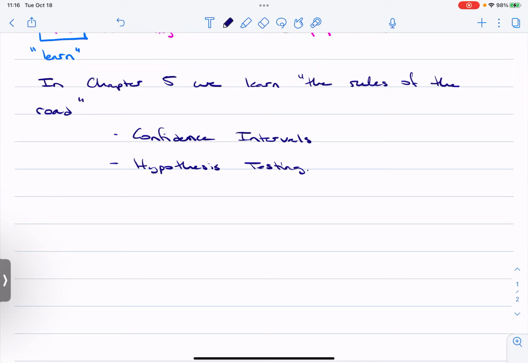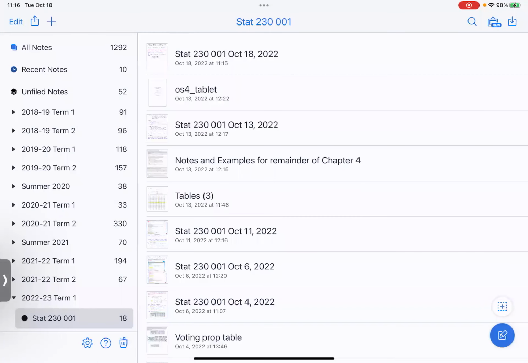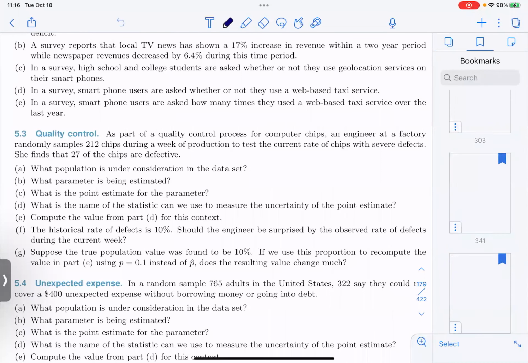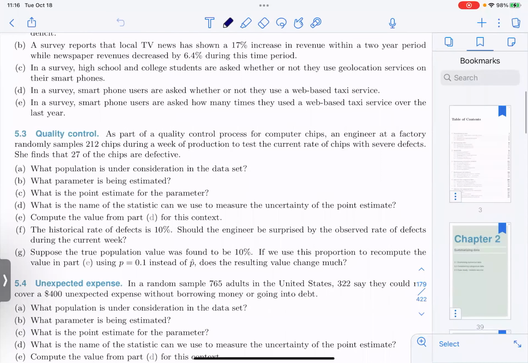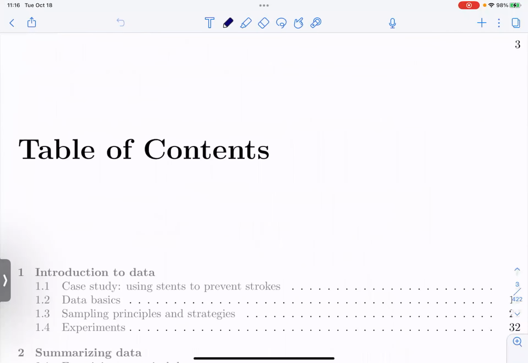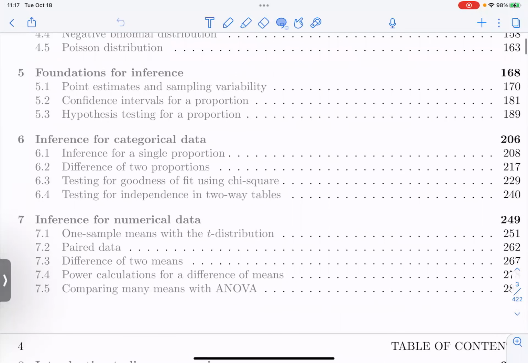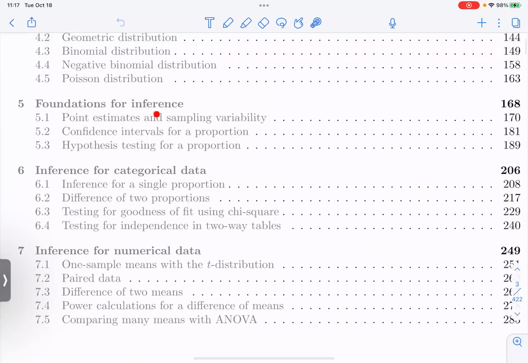Okay, so what are the different types of questions? Now let me just go to the index because that's going to be the easiest. So we're starting foundations for inference, and then we're going to talk about categorical data, right? Inference for categorical data, and then we talk about inference for numerical data, right?